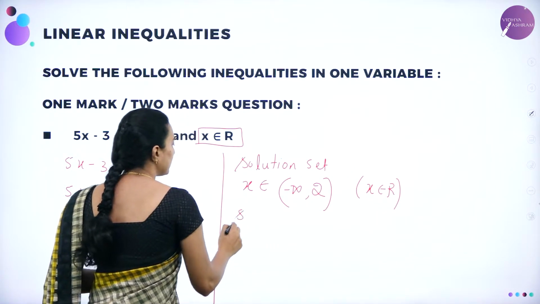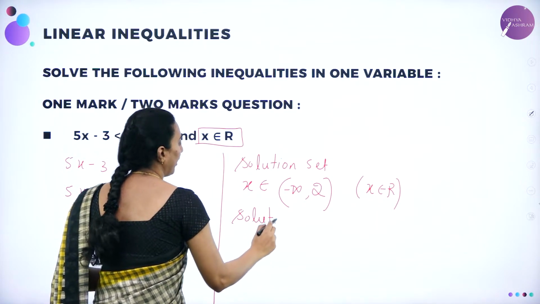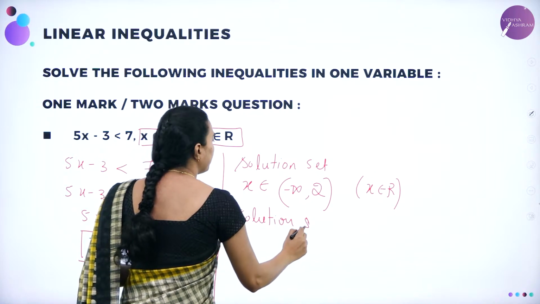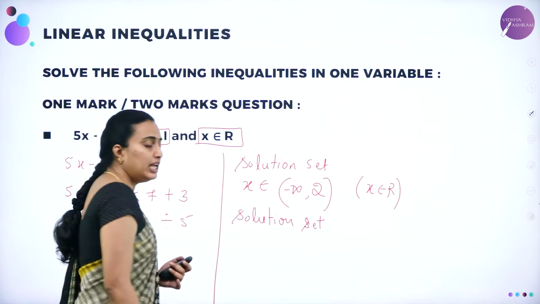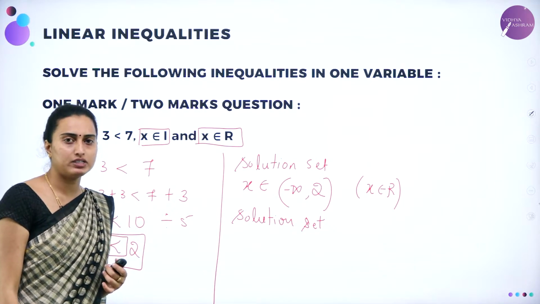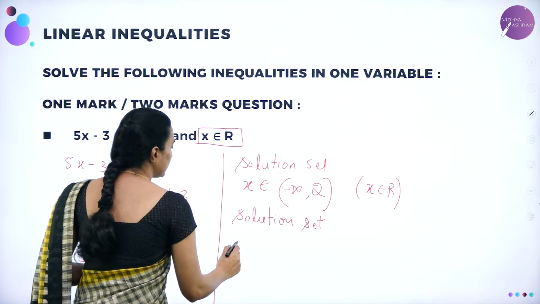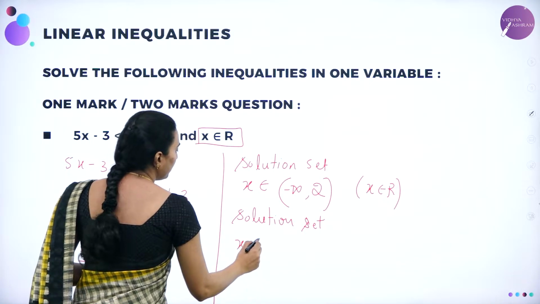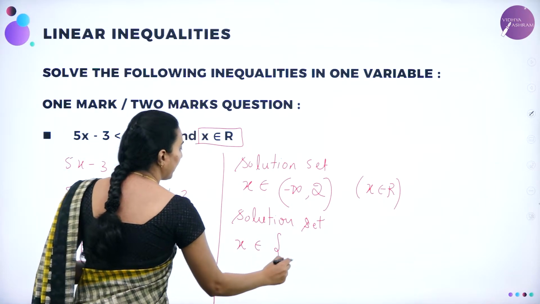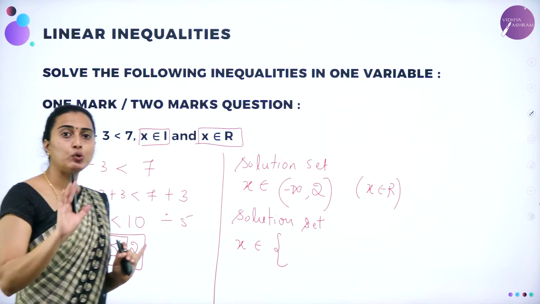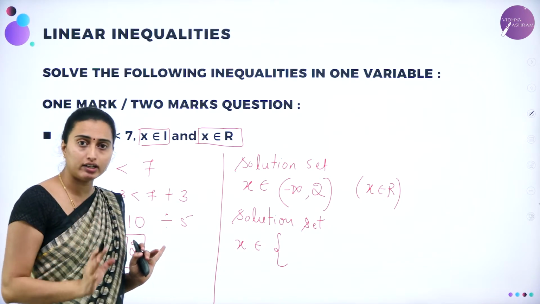Now how to represent the solution set when x belongs to I? When x belongs to I means x belongs to integer. Integers start from plus or minus 1, isn't it? Therefore, you are going to write the solution set like this. X will be belonging to, open the flower bracket. Now lesser than 2 means 2 is excluded, that means it is not included.